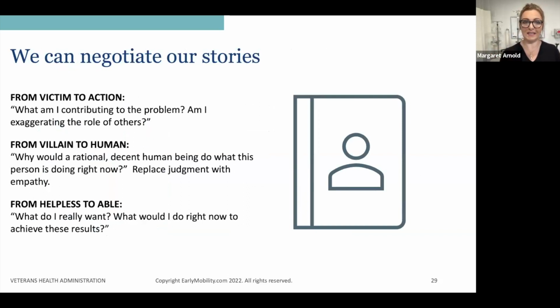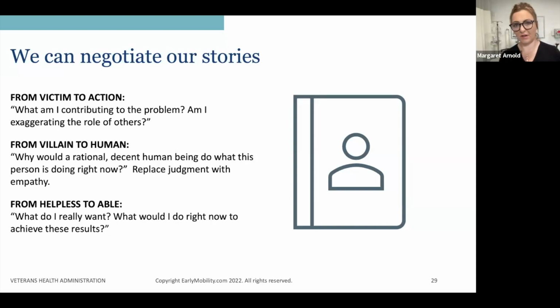From villain to human. Why would a rational, decent human being do what this person is doing right now? Replace judgment with empathy. Maybe their home situation is just in tatters right now, and they're barely holding on. Maybe they're dealing with grief or loss or a struggling relationship.